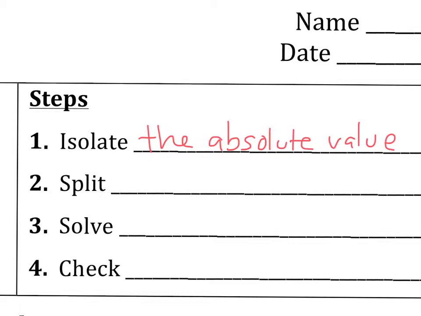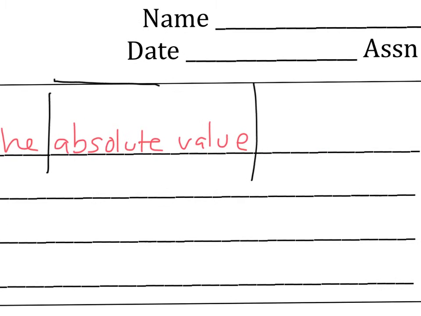In other words, make it such that you have an absolute value all by itself. So simply it says the absolute value equals something. There's nothing else on the left side besides the absolute value bars. So that's our very first step. We're going to get that all by its lonesome.